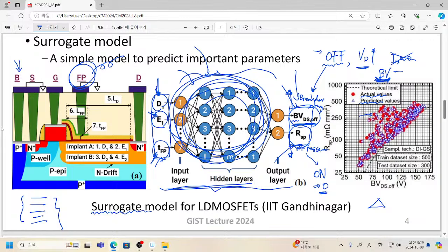Simply speaking, it is just to use a descriptor for our output parameter in terms of our input parameters. We don't have to think about how to express input and output parameters.